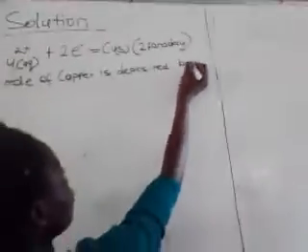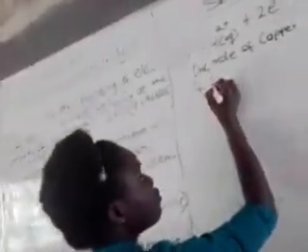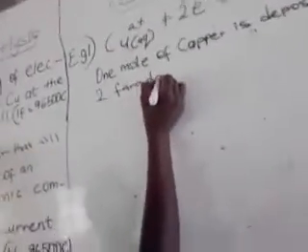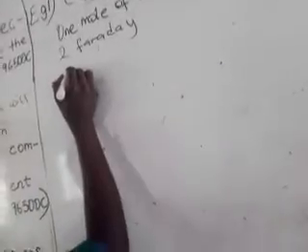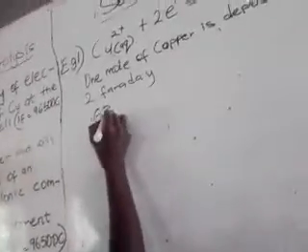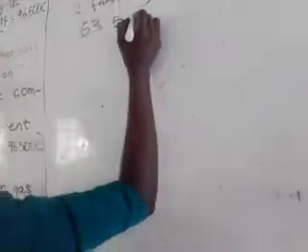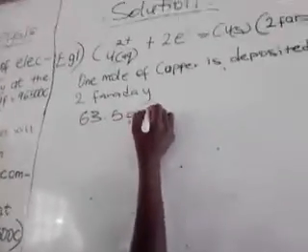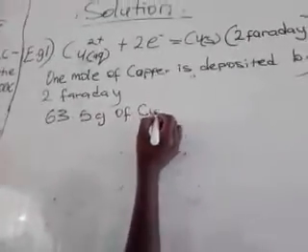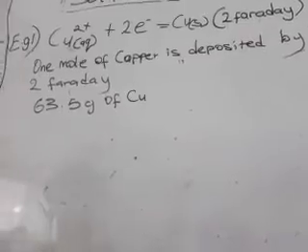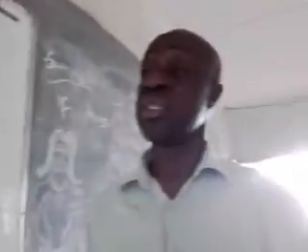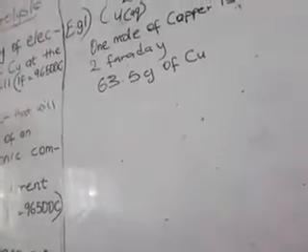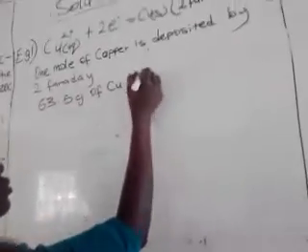So 63.5 grams of copper is deposited by 2 times 96,500 coulombs.